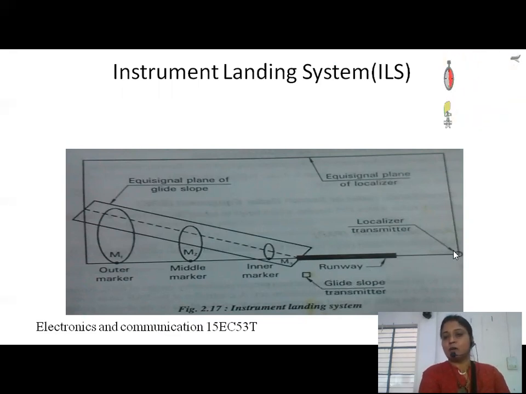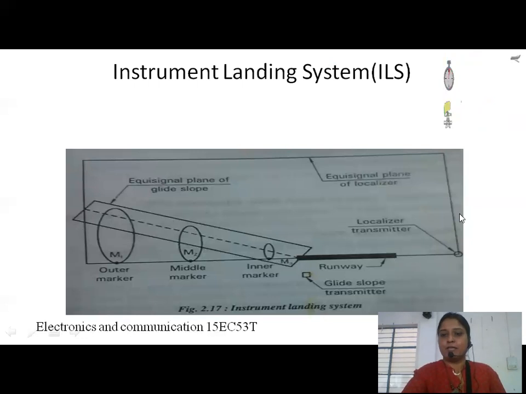Now the localizer transmitter generates frequencies such that it creates one vertical plane. The glide slope transmitter generates one plane inclined at an angle of 2 to 5 degrees to the horizontal plane.